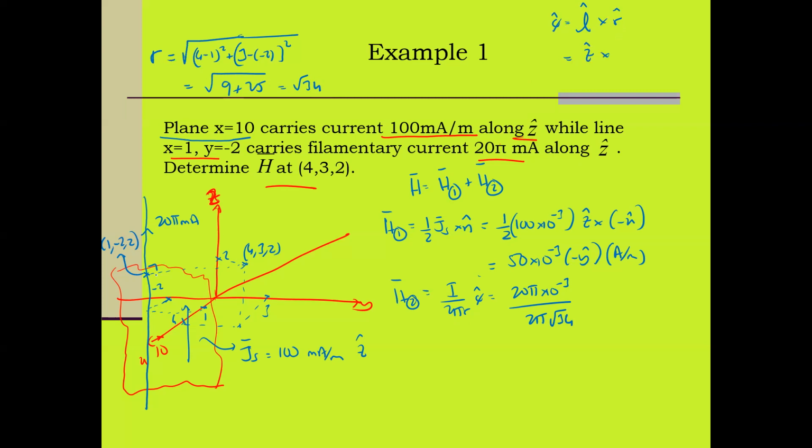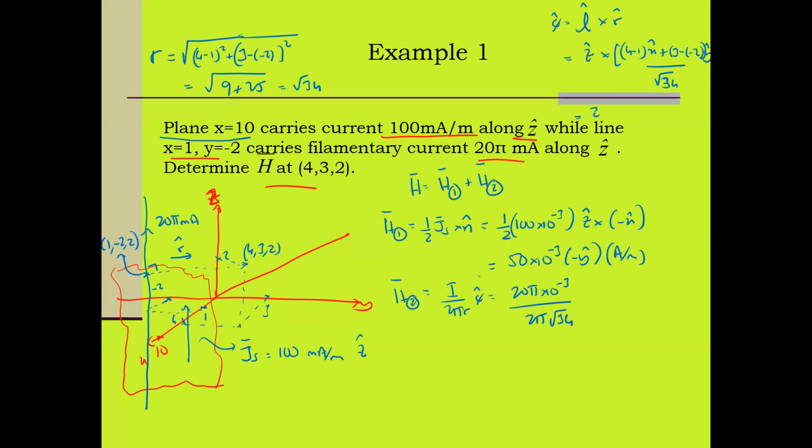And the R unit vector, if we base on this point, we can say that the R shall be equal to this unit vector direction, which will give us 4 minus 1 to the direction of X, plus 3 minus -2 to the direction of Y, and divided by the length, which is root 34.